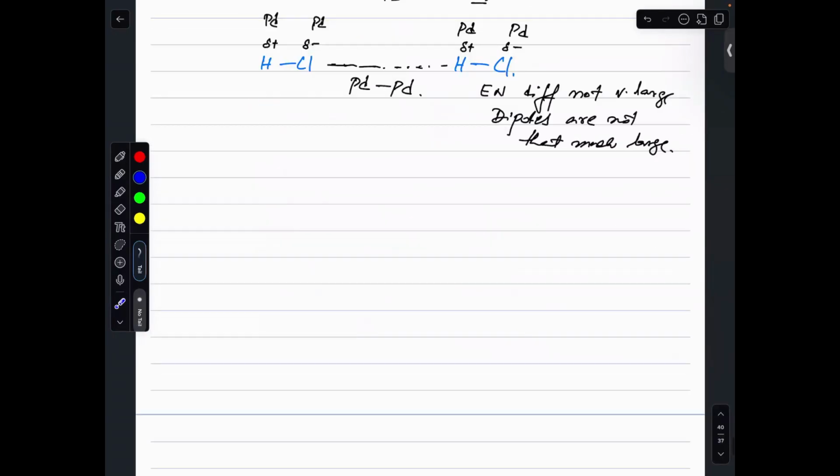So, suppose H2O, partially negative, partially positive, its lone pair is attracted by what? This partially positive and negative.